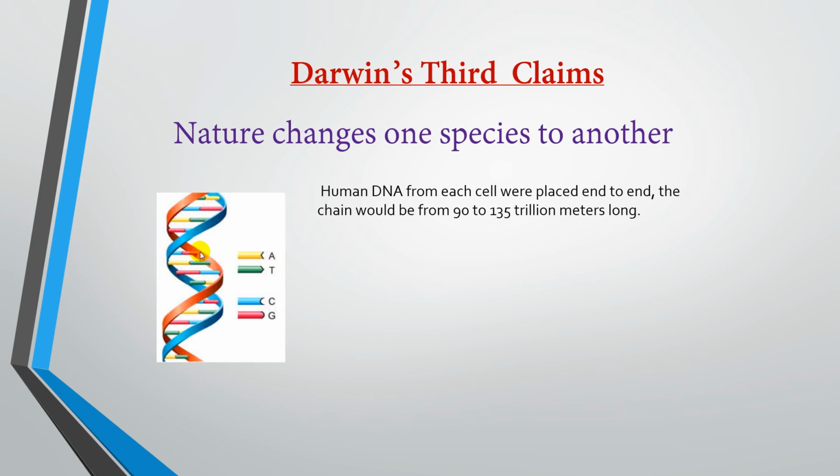If you connect this here, you can see C is connected to G. Maybe there are only some where C pairs with something else, so there are only little differences, because you have to imagine how long the chain is. Only little differences account for the different looks we have.